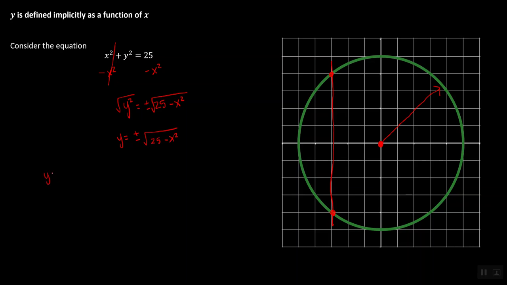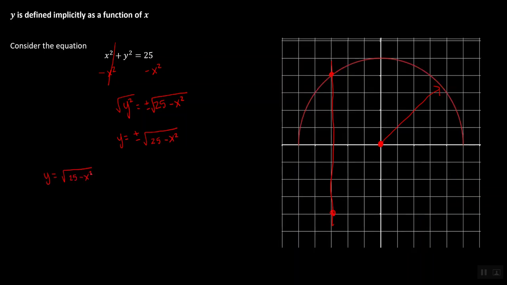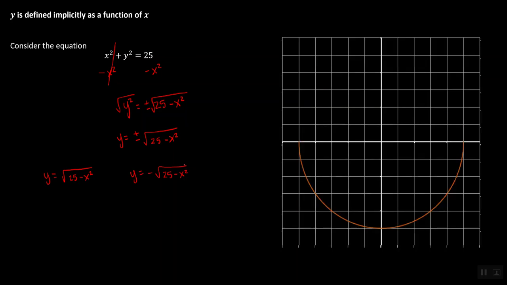If we just consider the positive square root, that'll give us the top half of the circle. If we only consider the negative square root, that'll give us the bottom half of the circle.